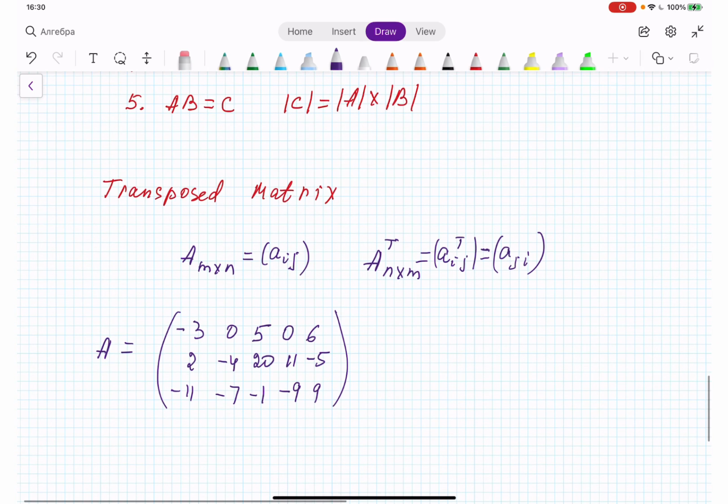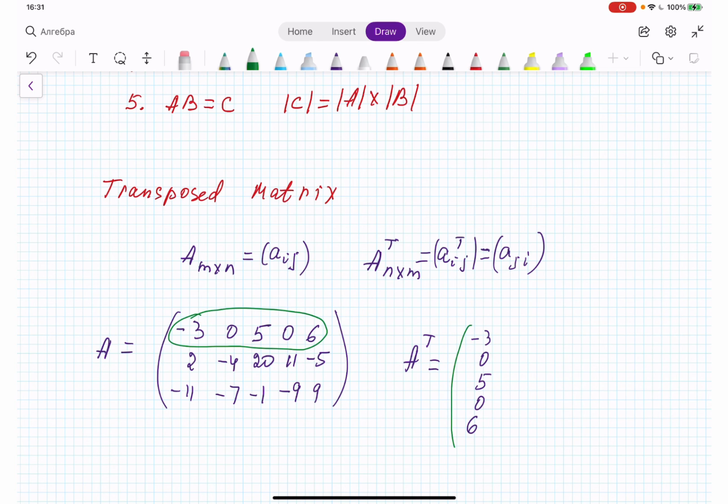So from here, A transposed is going to be, I'm taking the first row first, and it's going to become the first column: -3, 0, 5, 0, 6.